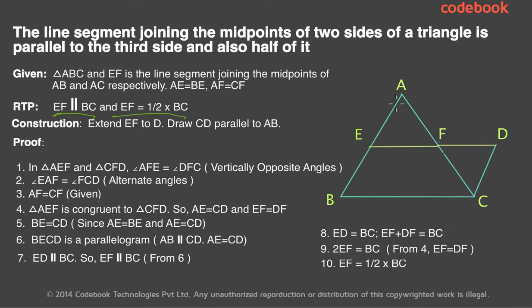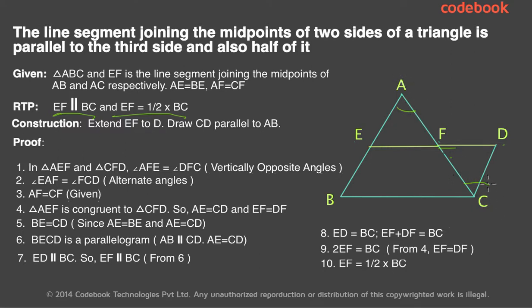So consider the triangles AEF and CFD. We know that angle EAF and angle FCD are equal because they are alternate angles, because AB is parallel to CD from construction, and we know that AC is the transversal.